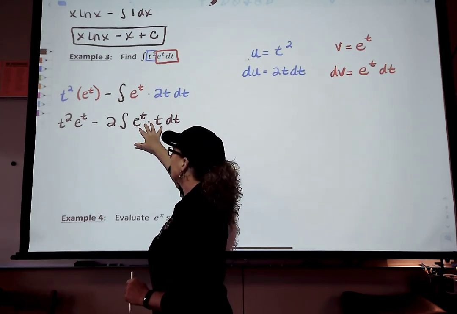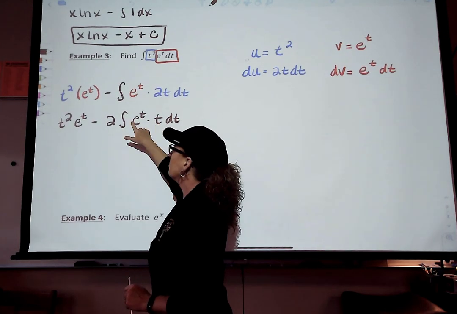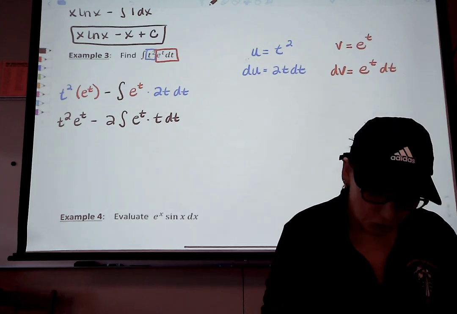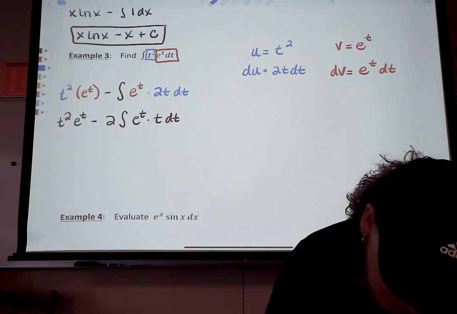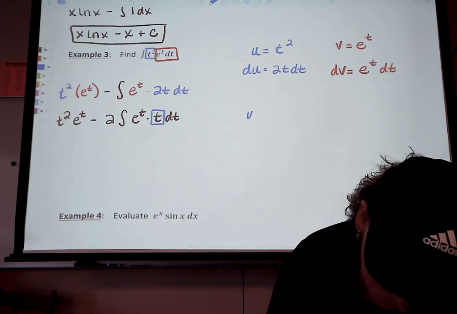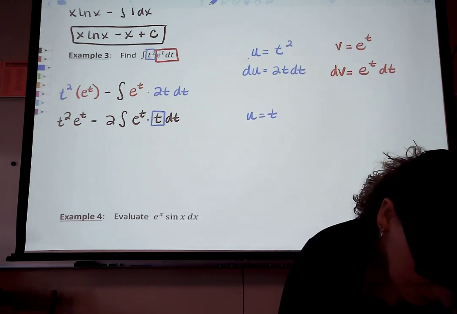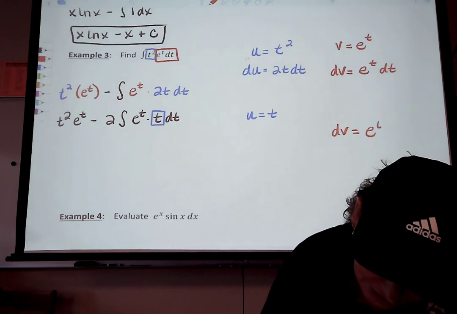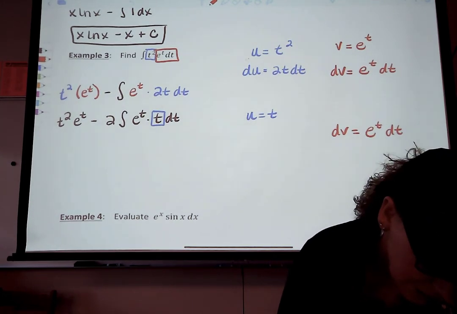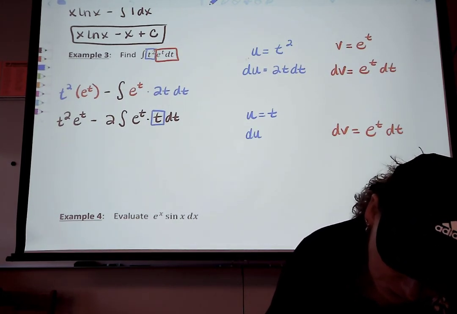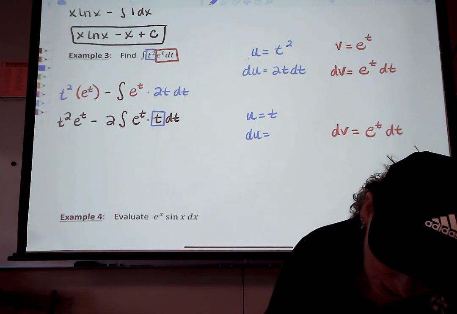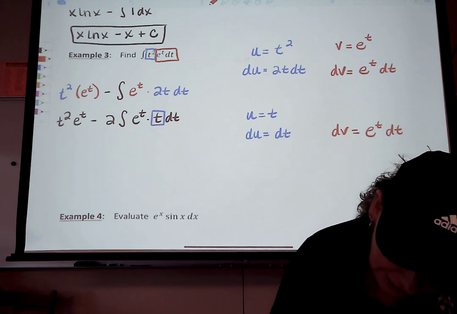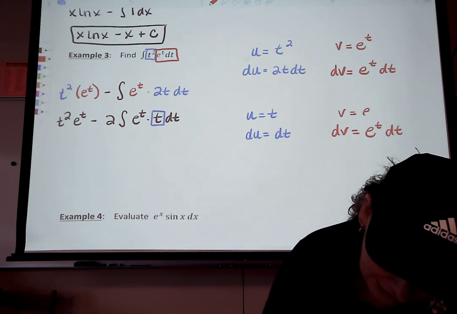Integration by parts. Pick a u, pick a dv. So again, I'm going to go with t for my u. Thus, dv is everything left inside the integral, e to the t dt. Finish it off. Du is equal to 1 dt, and v would have to be e to the t.